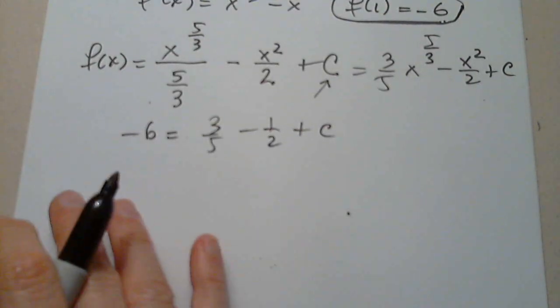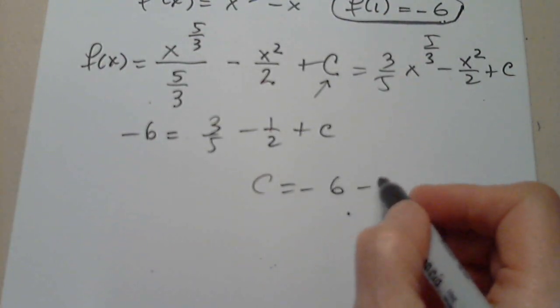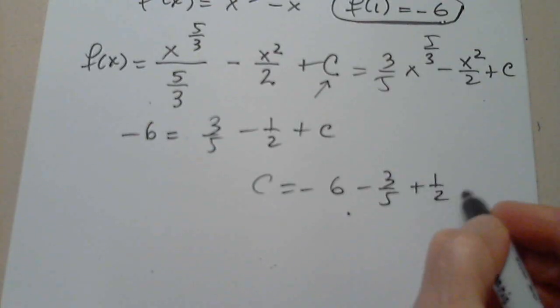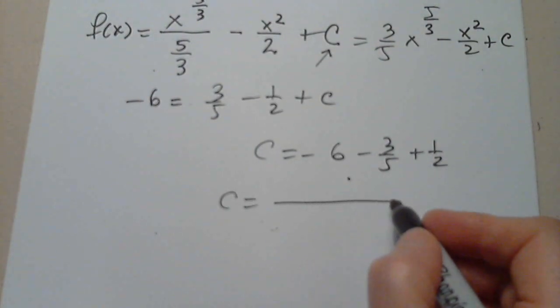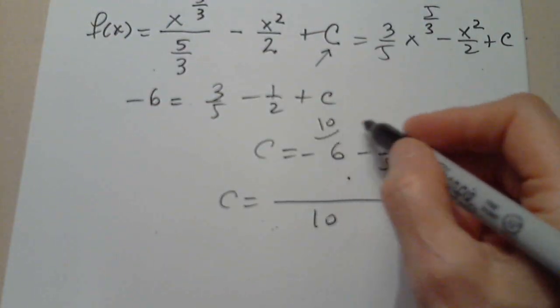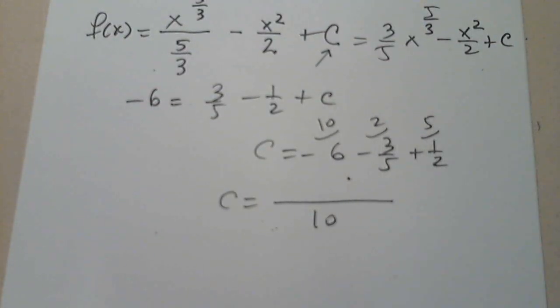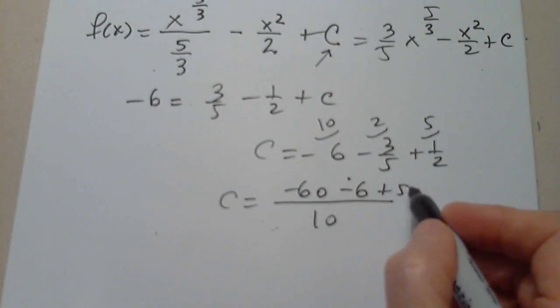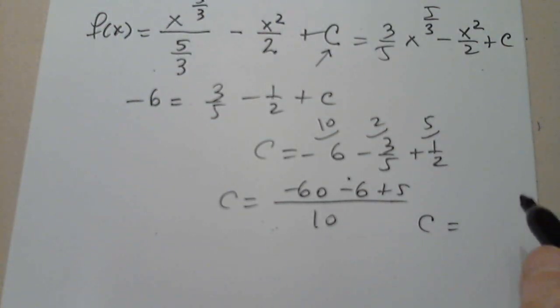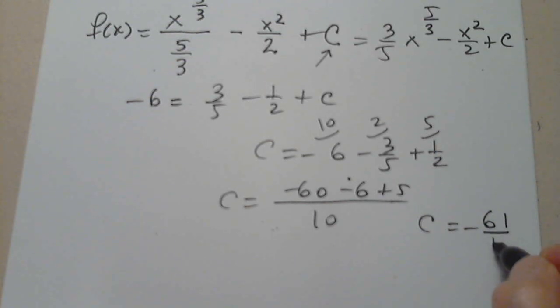I move everything to one side again, negative 6 minus 3/5 and 1/2. The least common denominator is 10. We need a 10, we need a 2, and we need a 5. So negative 60 minus 6 and plus 5. So then the constant is negative 61 divided by 10.